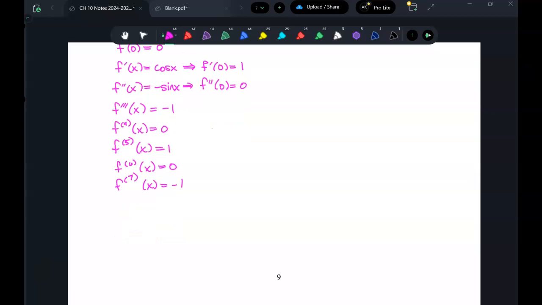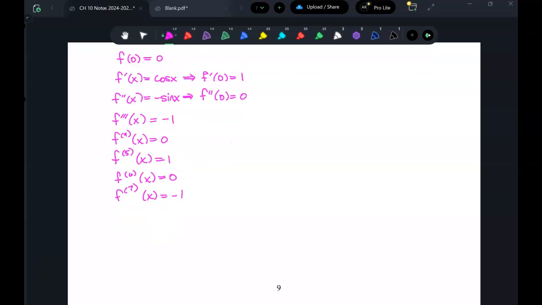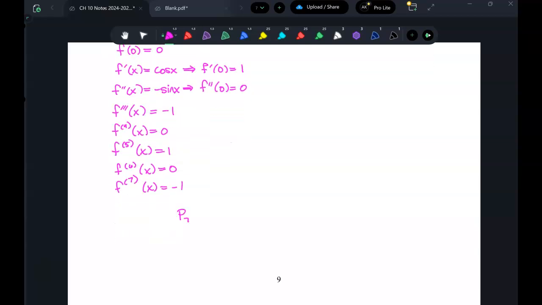Okay, so we want the Taylor polynomial of order 7. So what's that going to be? 0 plus 1x plus 0x squared over 2, I'll just write it out. And then minus x cubed over 3 factorial.